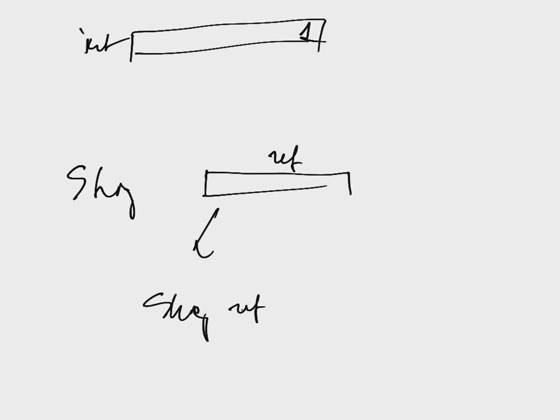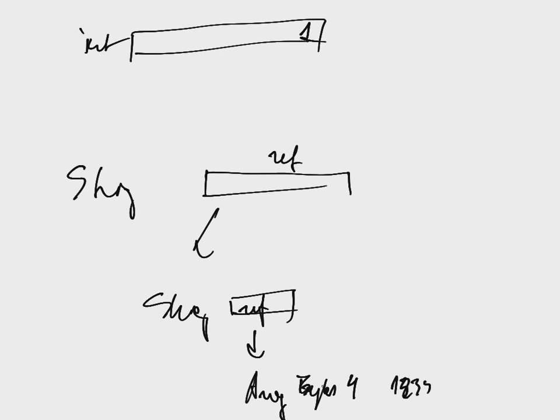So it is a string, inside the string there is a reference to another thing, and this reference refers to an array with bytes, and length, let's say, is 4, and value is 1, 2, 3, 4.